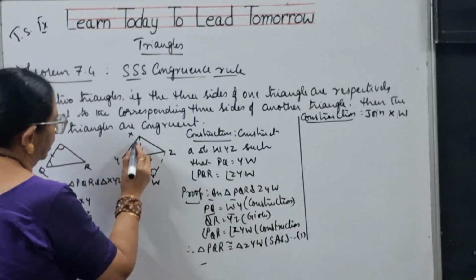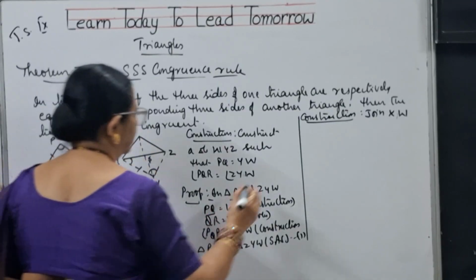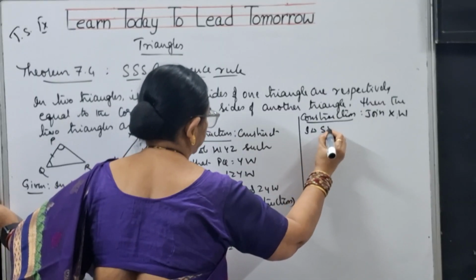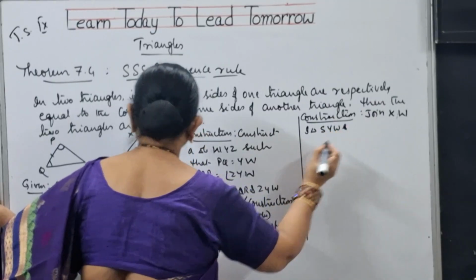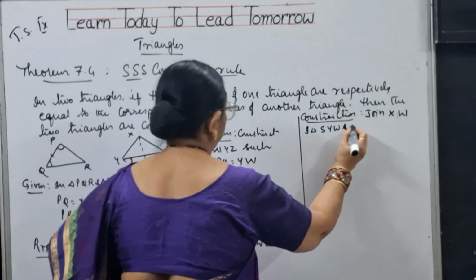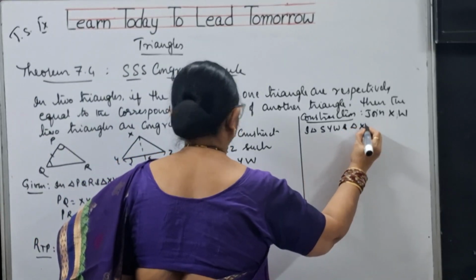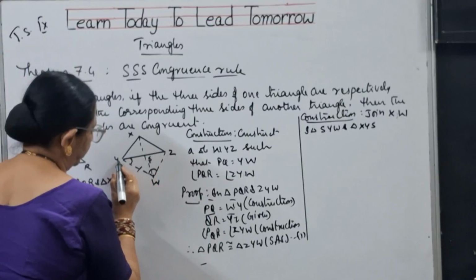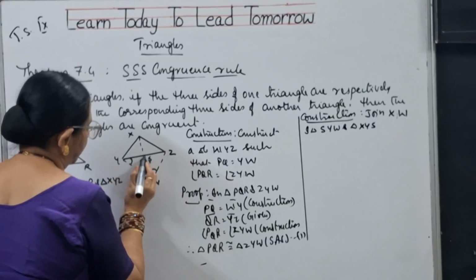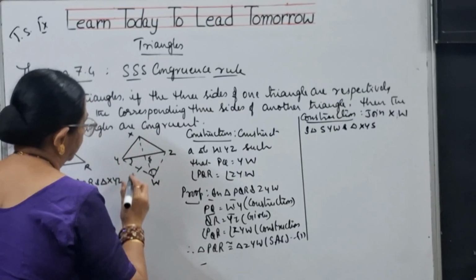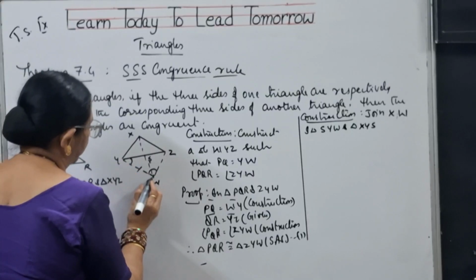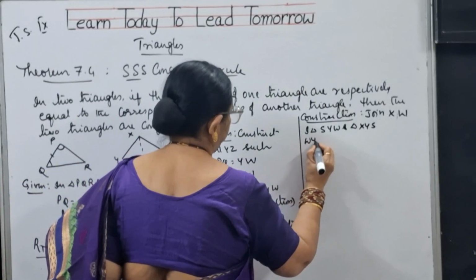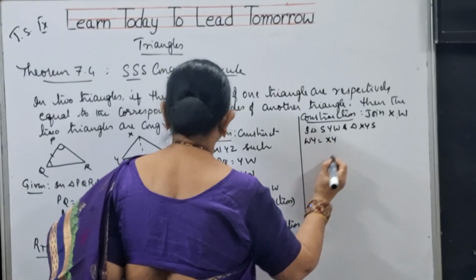In these two triangles, in triangle SYW and triangle XYS, we know that WY is equal to XY.